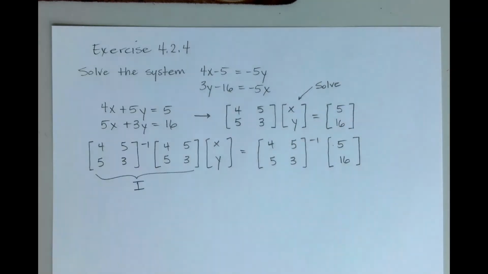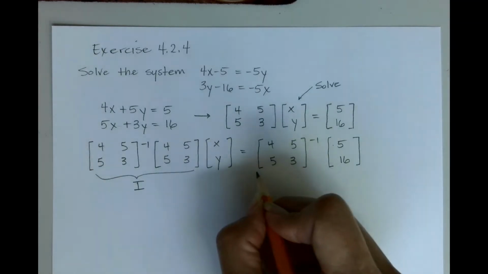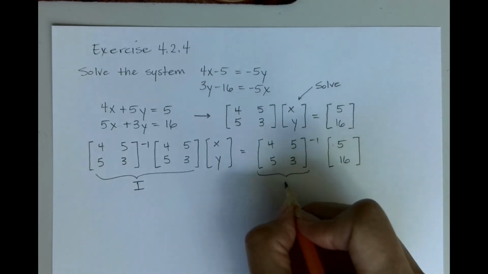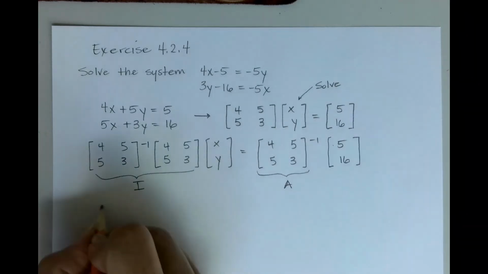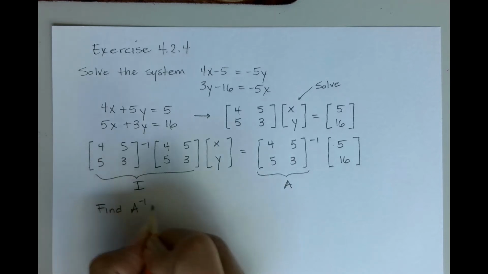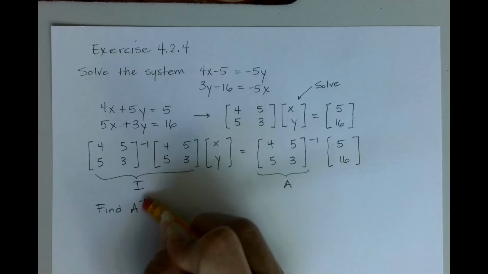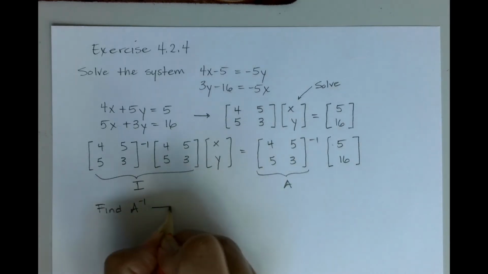Okay, so we need to go find this matrix. Let's call this matrix A. So let's find A inverse, which in order to do that, we are going to proceed by finding the determinant.